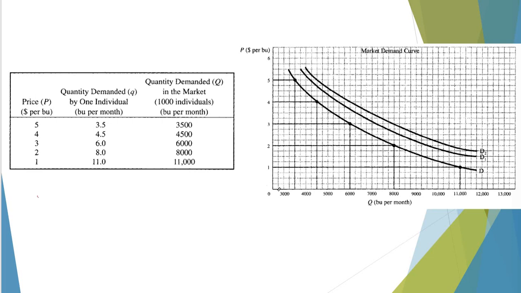So this table ni kawan-kawan, it gives an individual demand and market demand for one specific commodity. Commodity, you choose commodity apa yang you nak. So this column shows an individual demand and this one shows a market demand.